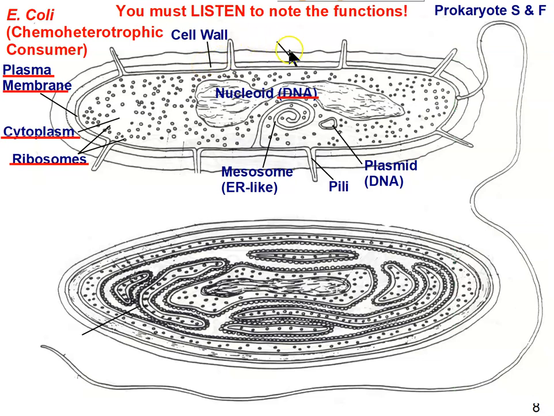Outside of that, we have a layer of kind of like gelatinous carbohydrate material known as the capsule. You can think of it as like sticky jelly. And it's not found in all prokaryotic cells. Not all prokaryotic cells have a capsule.